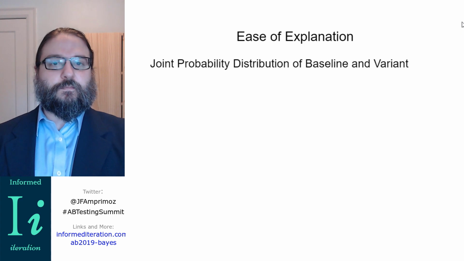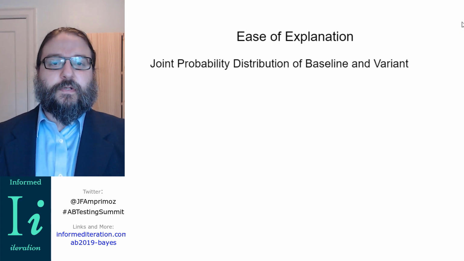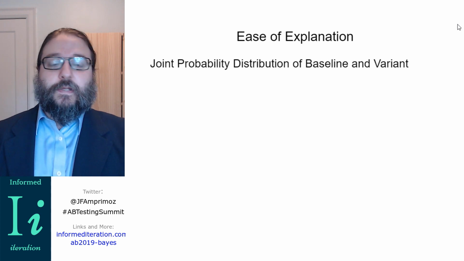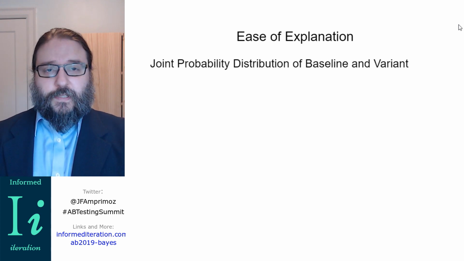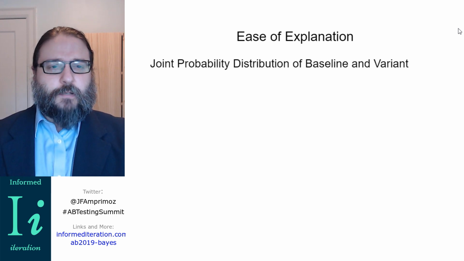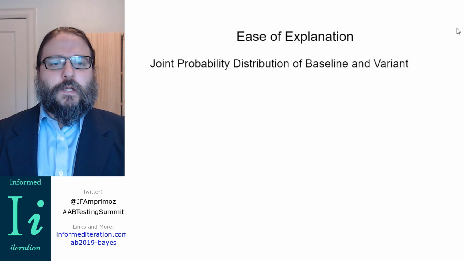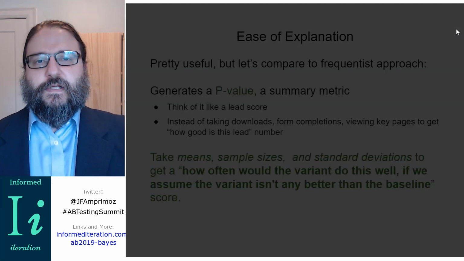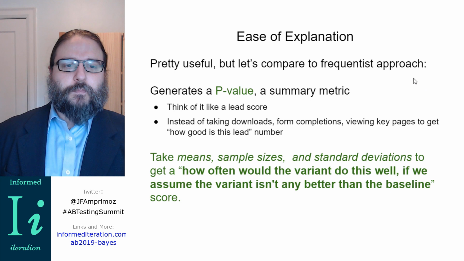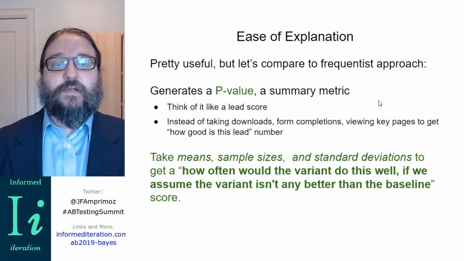All right, we've shown that we can get the probability of a variant beating the baseline from that joint probability distribution, and that's pretty useful. That's kind of what we want to know. Let's remember what a t-test tells us. So the frequentist approach, the t-test, generates a p-value. So that's a summary metric.